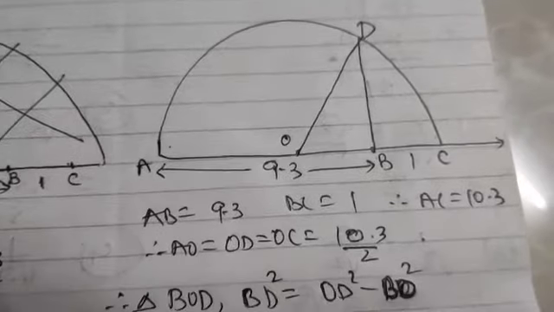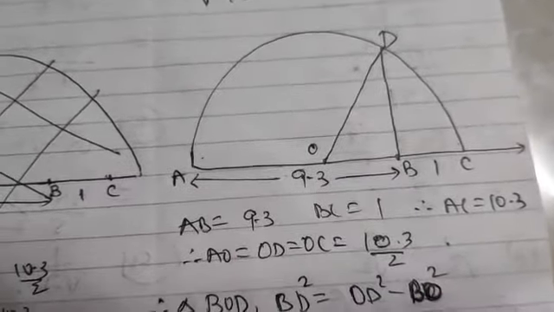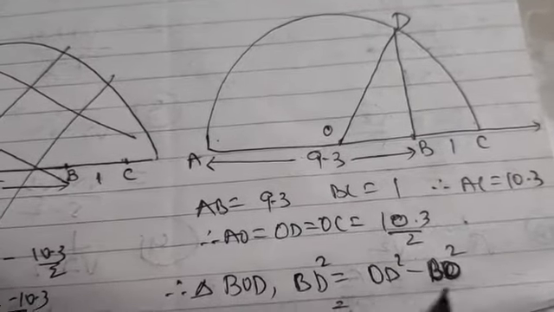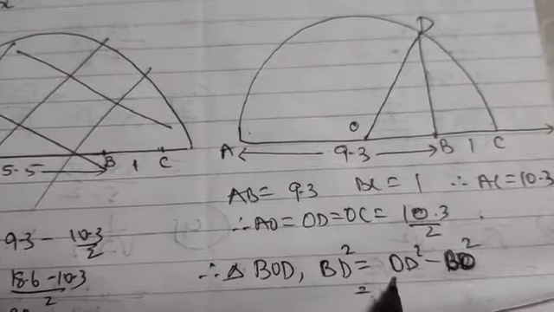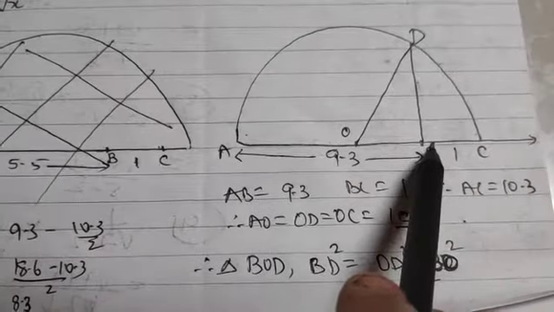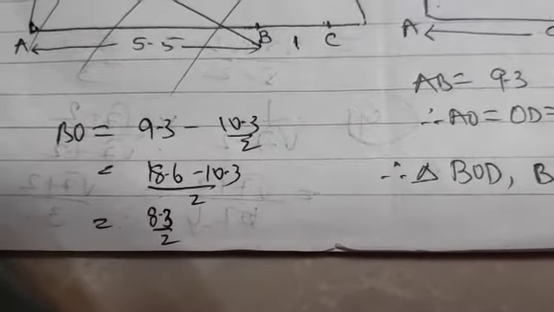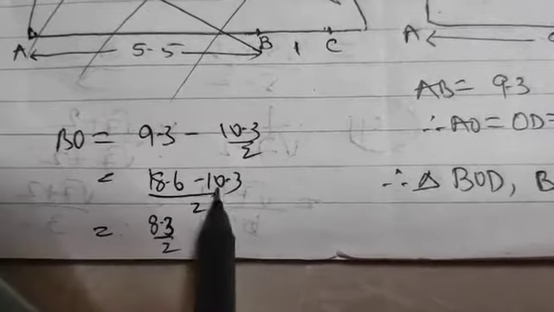Did you understand? Okay, now in this triangle BOD, you will get BD square is equal to OD square minus BO square. But what is BO? BO will be equal to 9.3 minus 10.3 by 2. Correct? That will come to 18.6 minus 10.3.